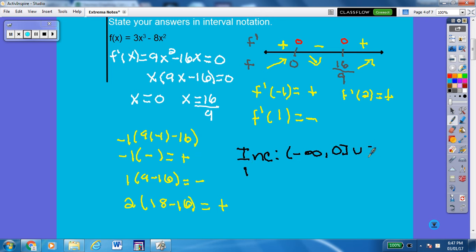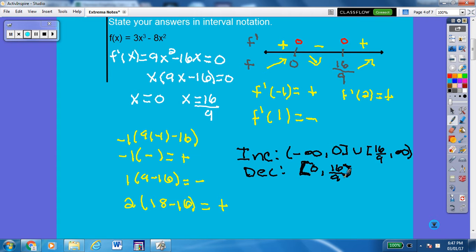We're also going to be at 16/9, and we're going to go all the way to infinity on that one. And decreasing then would leave us with 0 to 16/9. And that's our answer. Now, these should be brackets as well.